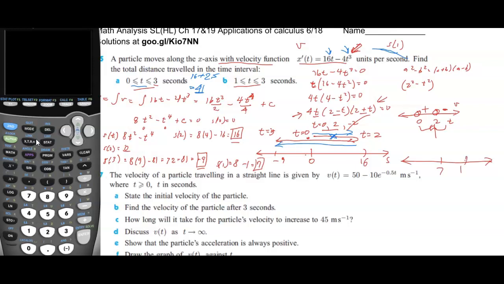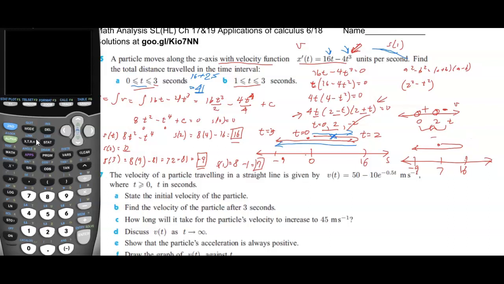And then I'm going to go all the way to 16, and then it's going to come all the way to negative 9. So it's going to start at 7, which is S of 1. And then it's going to go all the way to 16, and then turn around and go to negative 9, because this is S of 2. I'm sorry, I'm writing the wrong thing. I need to write the t value.